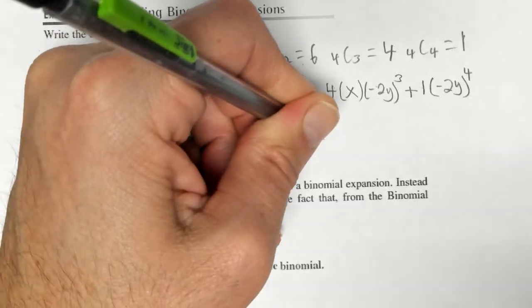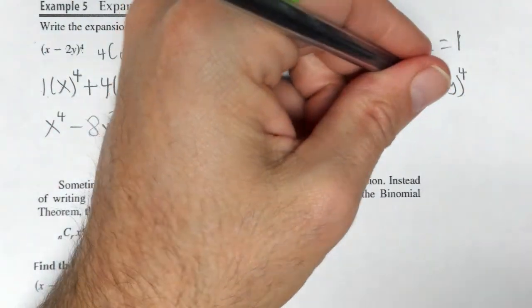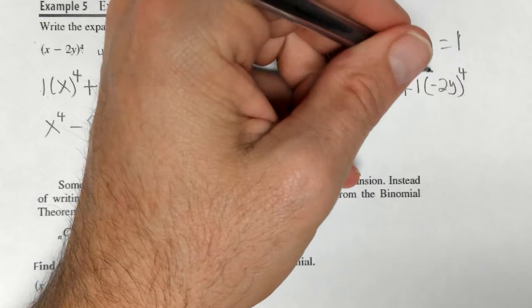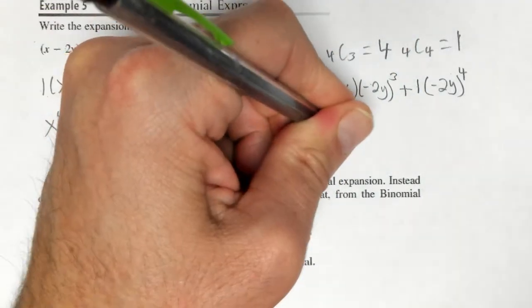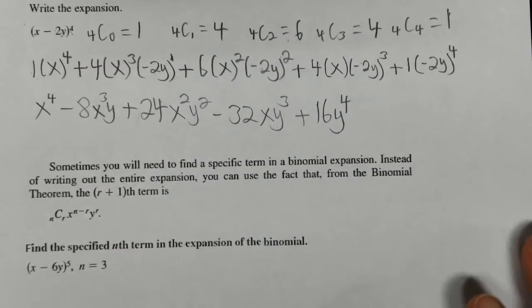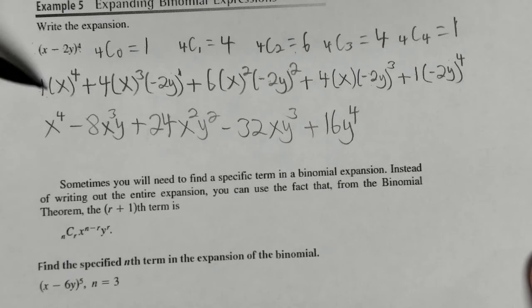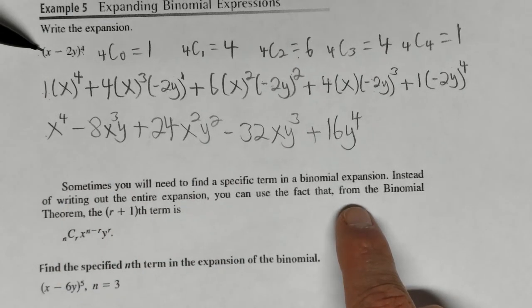Then we're going to have plus. This will be a plus. And so negative 2 to the 4th power is a positive 16, and it's just times 1, so we'll have 16 y to the 4th. Okay? And so, as you can see here, really in 3 steps, we can multiply out this entire binomial.